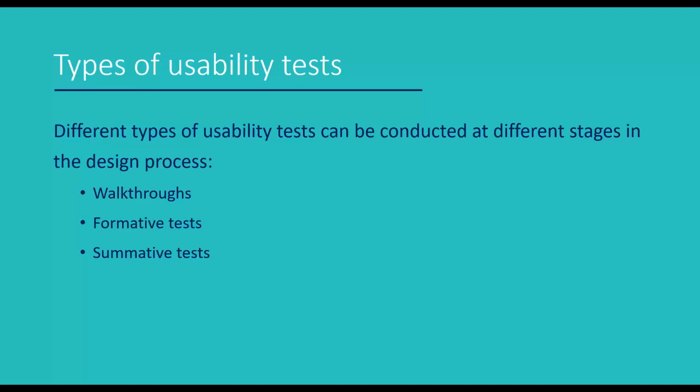So you can't usually ask them to complete a specific task. So you can't get that pass-fail metric, but you can get feedback on conceptual designs and other things like that. So something like, can they find the area on the screen that you want to have the button, or something like that. Then we have formative tests.